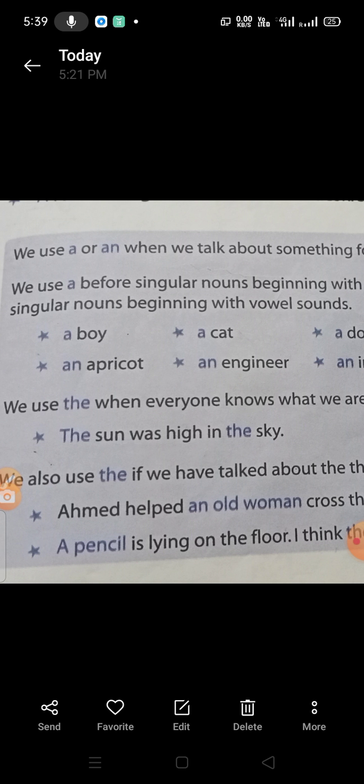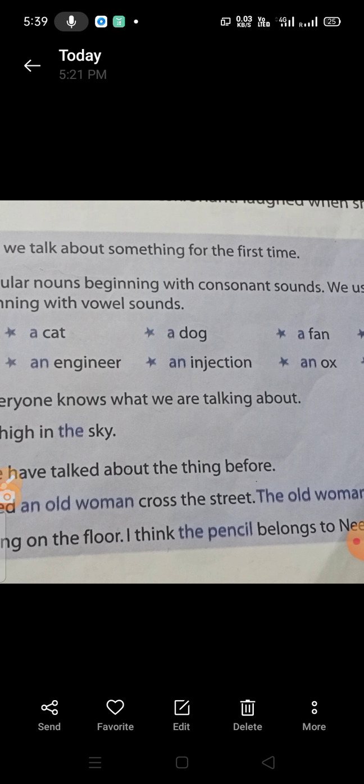An before singular nouns beginning with a vowel sound: an apricot, an engineer, an injection, an ox, an umpire. These are a and an examples.